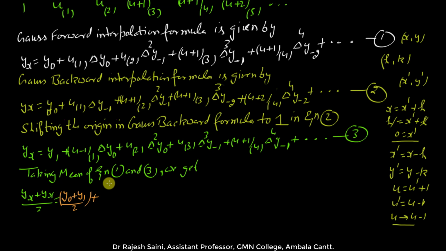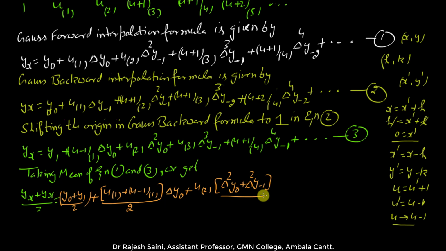Delta y naught will be common, so inside will be u1 plus u minus 1 subscript 1 divided by 2 delta y naught plus u2 will be common, delta square y naught plus delta square y minus 1 divided by 2.